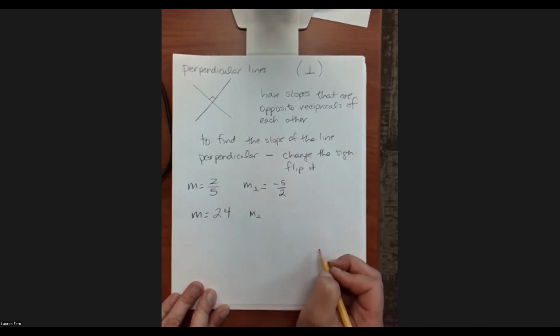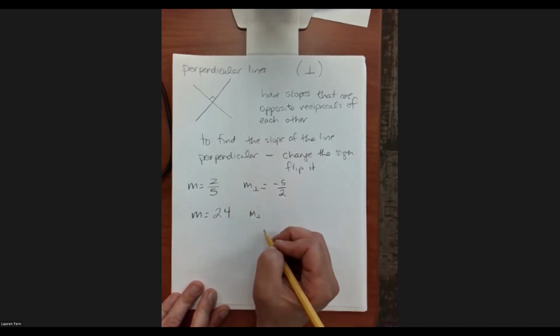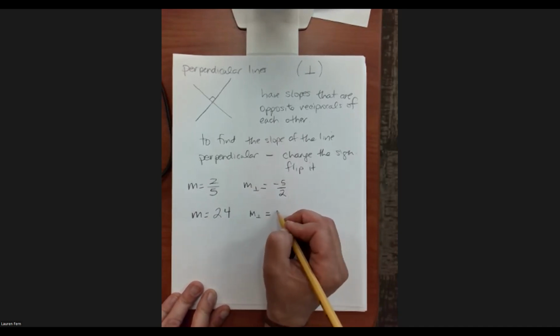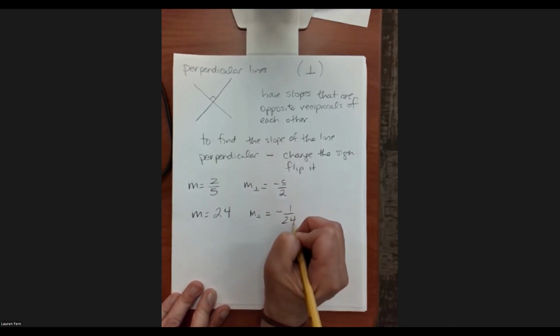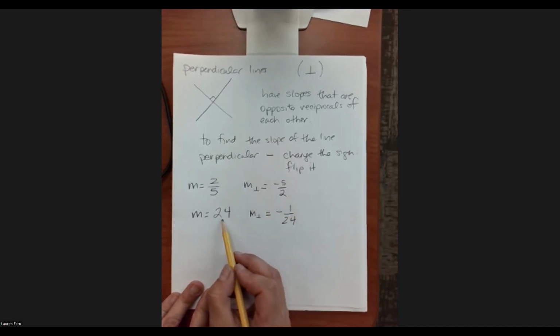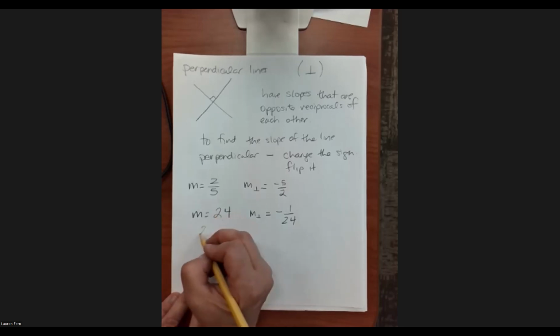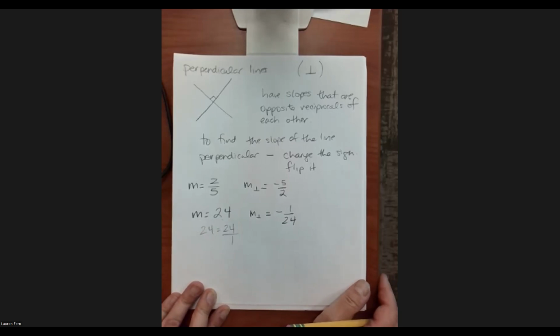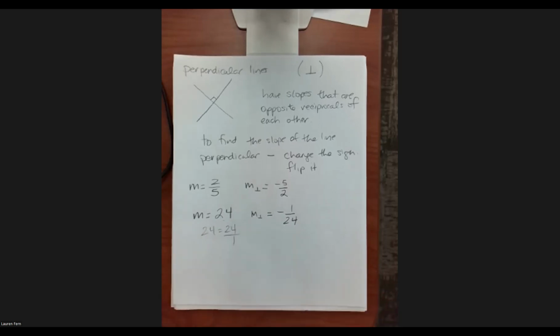You're not going to get me to walk up that hill. What is the slope of the line perpendicular to it? -1/24. If you're like, wait a minute, how do you flip 24? Remember, you can take any whole number and put it over 1. You with me there? Okay.